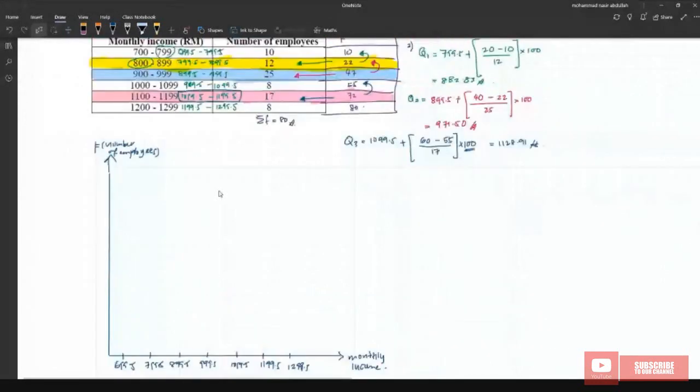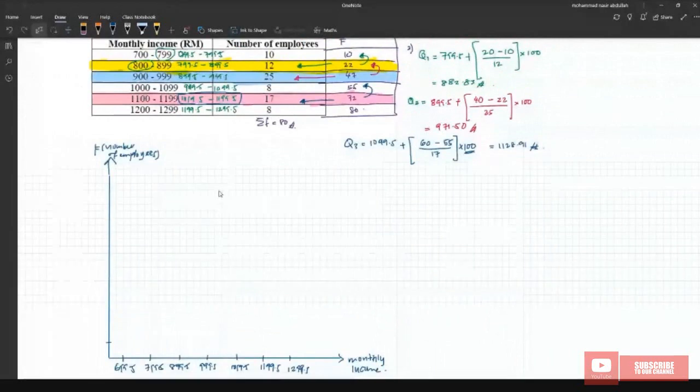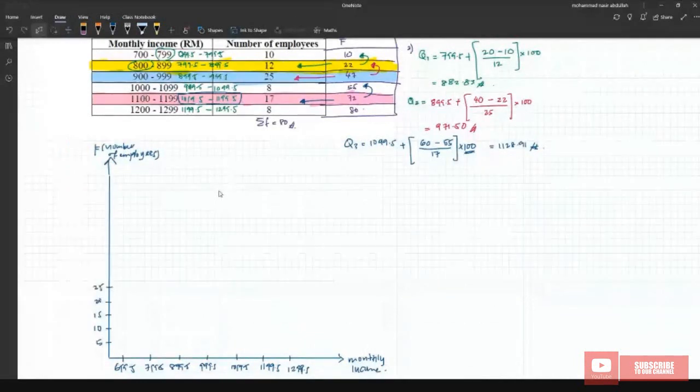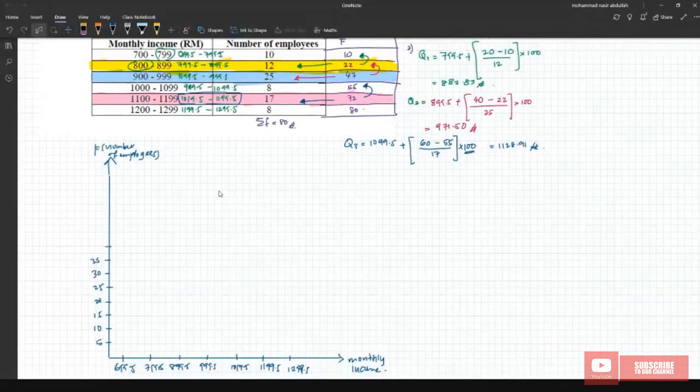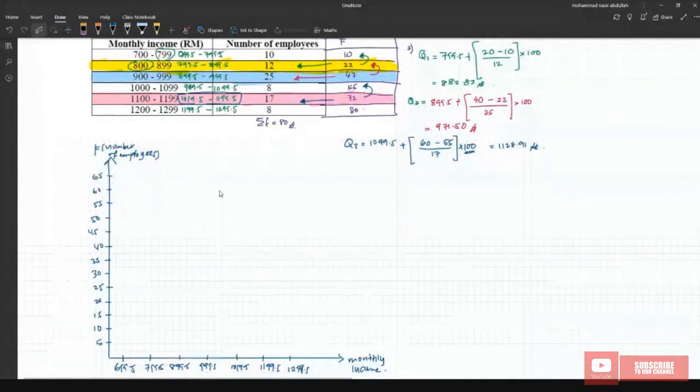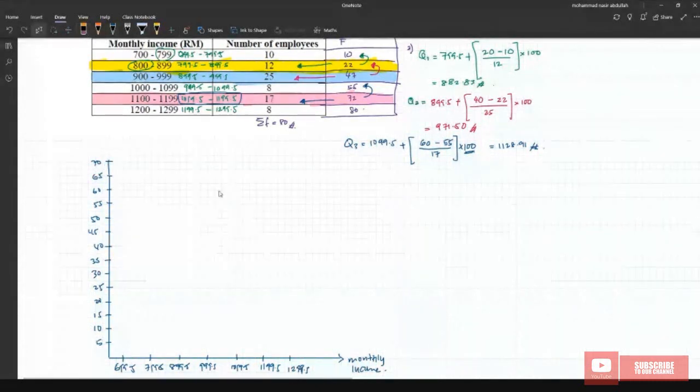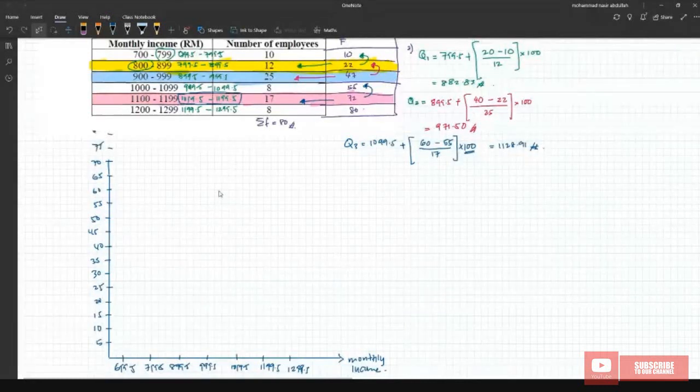So let's say we extend it a bit. This is 75 and this is 80, right?